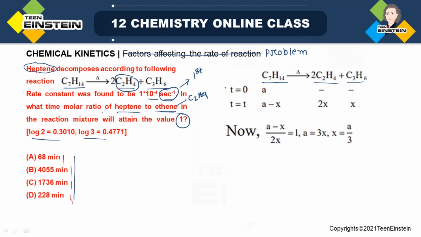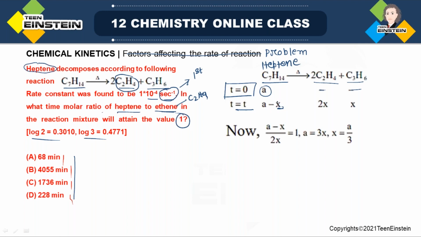If we consider that initially when time is 0, the concentration of heptene is A, and obviously the concentrations of the two products, C2H4 and C3H6, nothing will be mentioned because it is t equal to 0, the initial time. Now when t is equal to t, suppose x moles of C7H14 decomposed.